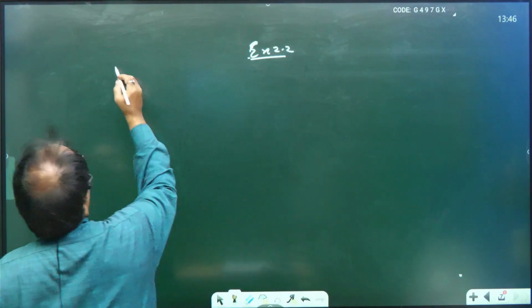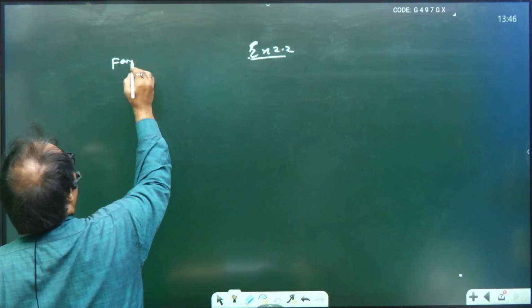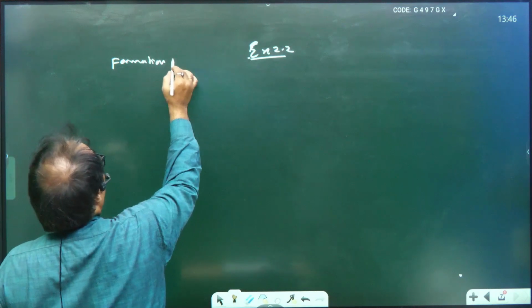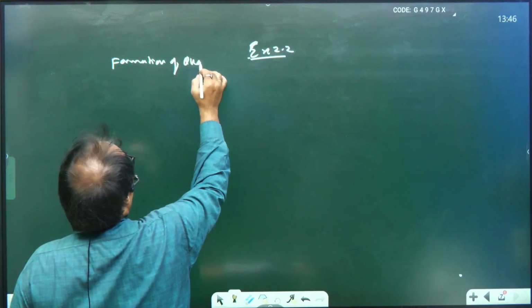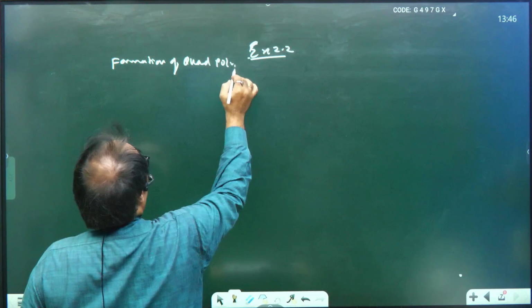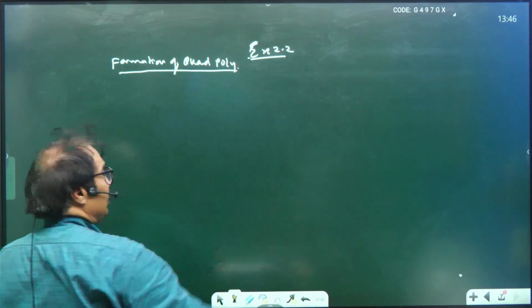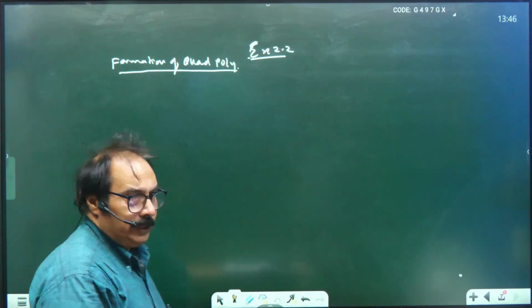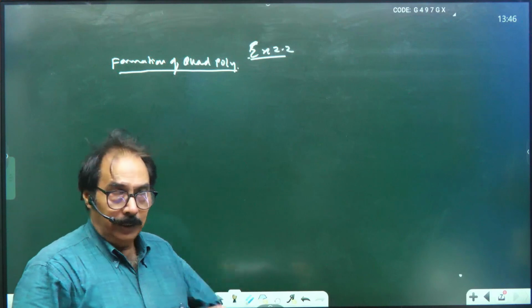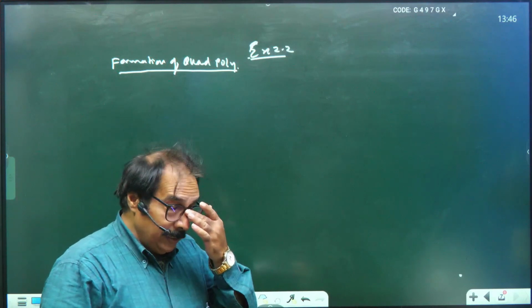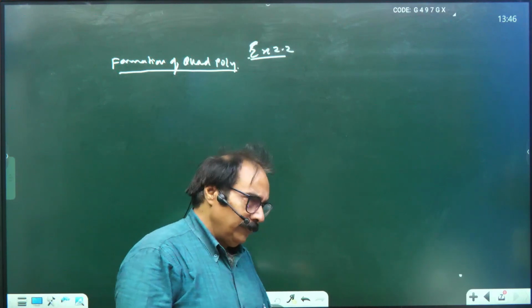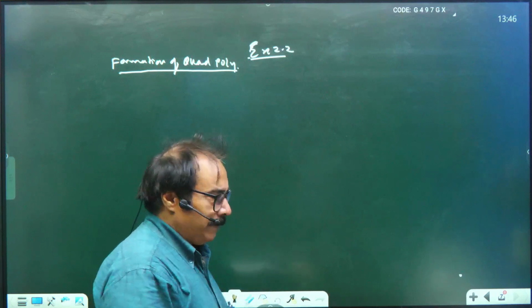So formation of a quadratic polynomial when the sum of the zeros and product of the zeros are given. There are two ways to form a quadratic equation.